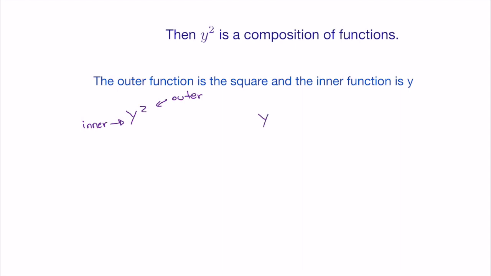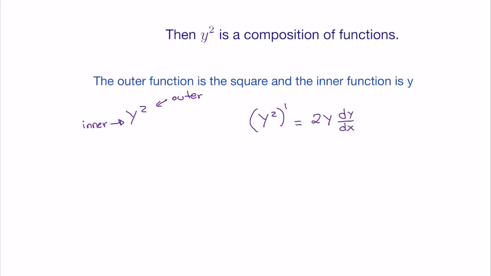To find the derivative of this, not knowing how y looks like, but knowing that it's a function of x, we put the 2 to the front and lower the exponent by 1, and that's the derivative of the outer function. But then you have to multiply by the derivative of the inner function.